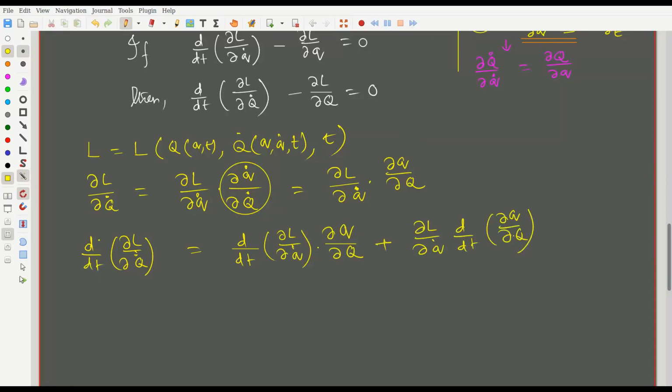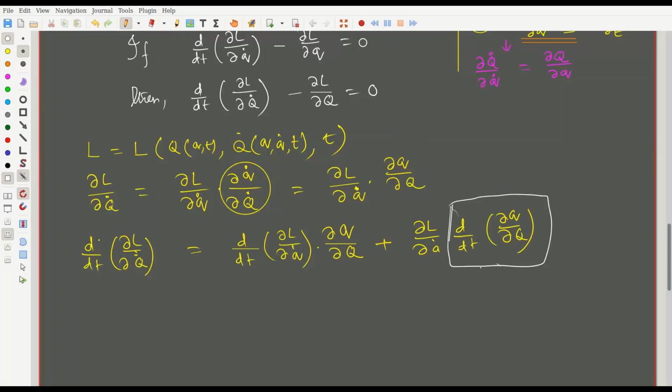Okay. Now my second comment is about this step. At this point, many of you basically interchange these operators. So this d dt of del L del Q dot, you assume that these two operations commute.